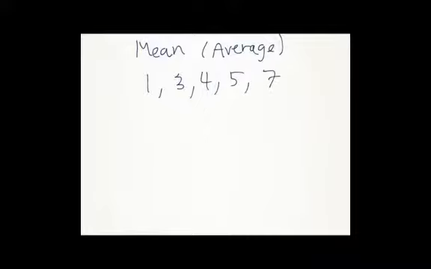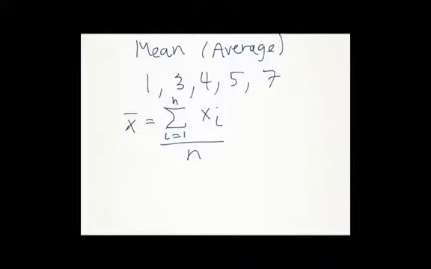In order to calculate the mean of these 5 numbers, the formula is here. Let me write the formula. X bar is how we usually represent it, is equal to the sum from i equals 1 to n of x_i divided by n.